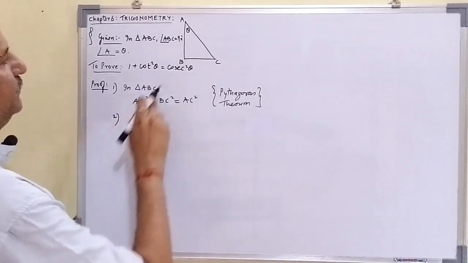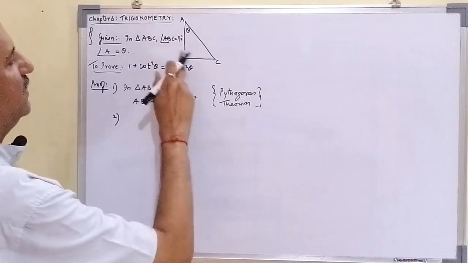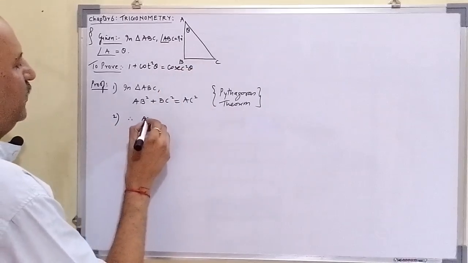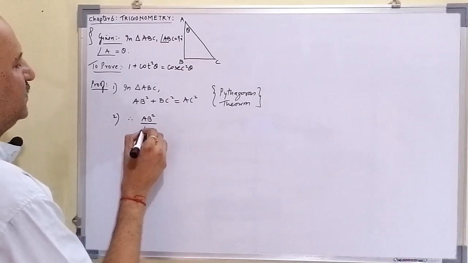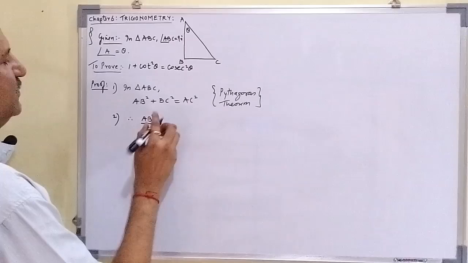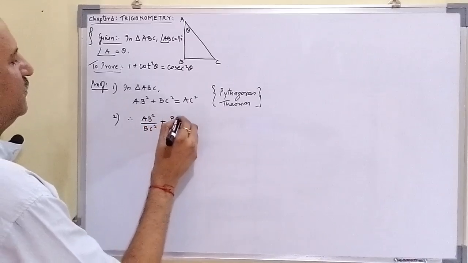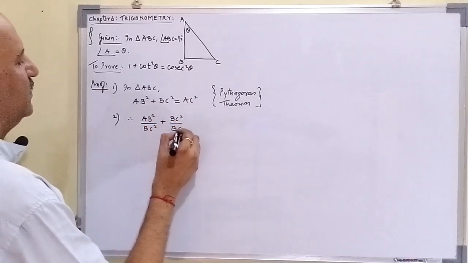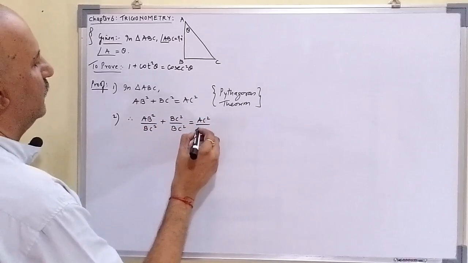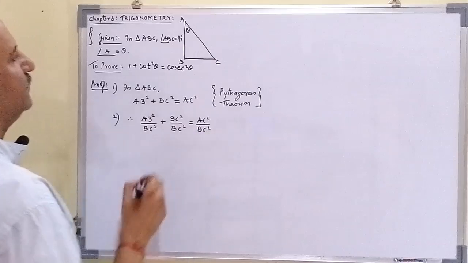What is cot? Cot is adjacent upon opposite. So BC से डिवाइड करना पड़ेगा. Therefore AB square upon BC square plus BC square upon BC square equal to AC square upon BC square.